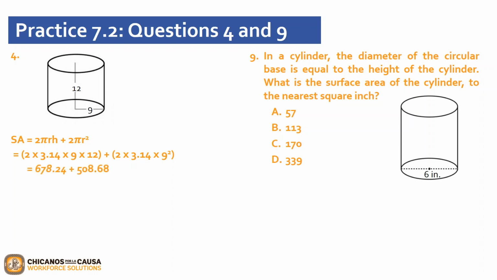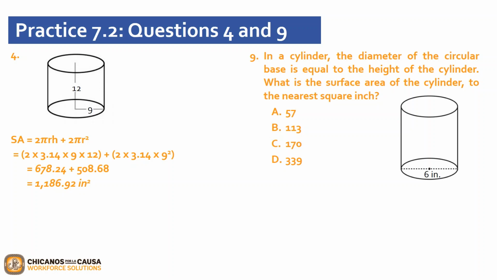678.24 plus 508.68. So when we add those together, we get 1,186.92 inches squared. So that's the surface area. However, the question is asking us to give the answer in terms of pi.